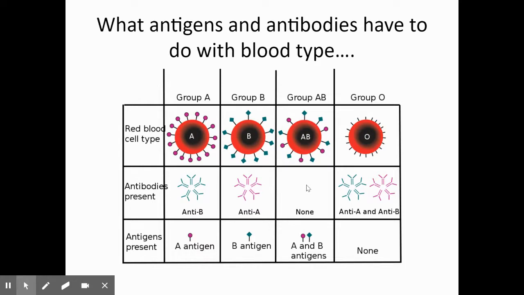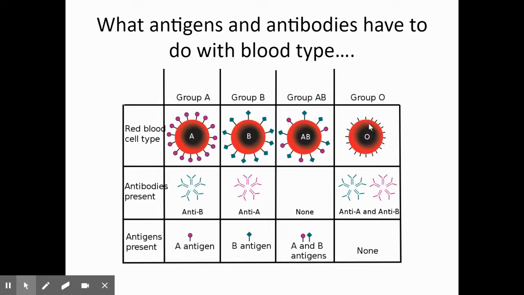So you don't want any antibodies that would attach to these antigens because that means that their blood would clump. So because people who have type AB blood do not have these antibodies, they are able to receive from any blood type. So if I put type A into this person, there are no antibodies against A. If I put type B into this person, there are no antibodies against B. Of course, type O, they don't have any antigens anyways.